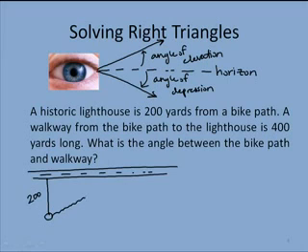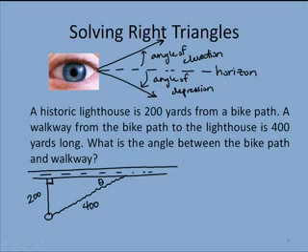So we'll let this be our little walkway. And that's 400. So there's a right triangle there. And it asks, what is the angle between the bike path and walkway? So it wants this angle here.